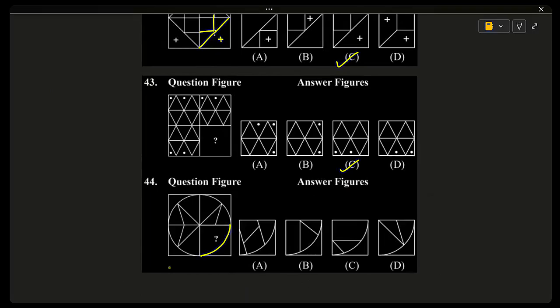So this is a circle, and you can start from here and you choose a point here and you connect like this. So this is there in option D.